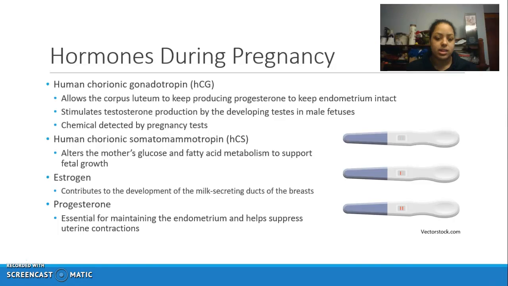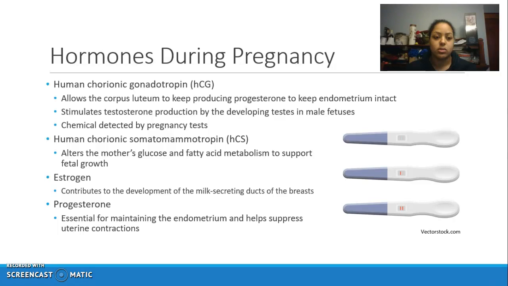The next hormone produced is estrogen, which will contribute to the development of milk-secreting ducts of the breasts. And finally, progesterone, which is essential for maintaining the endometrium and helps suppress uterine contractions.